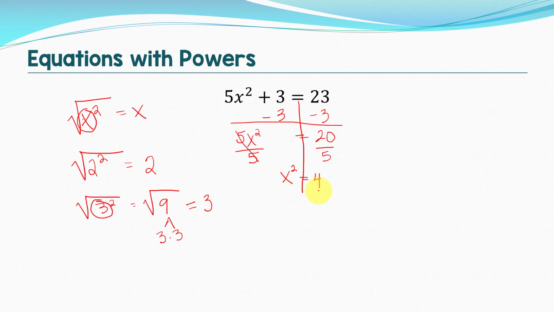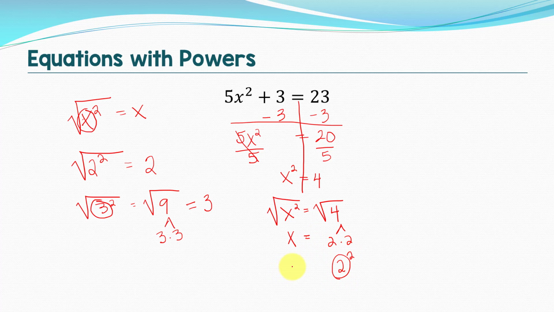In this case, I'm going to say the square root of x squared. Well, that's going to be x is equal to the square root of 4. I'm going to take the square root of both sides. And then there are actually 2 options, because I could say 2 times 2 is 4, so the root of the thing that's squared is 2.